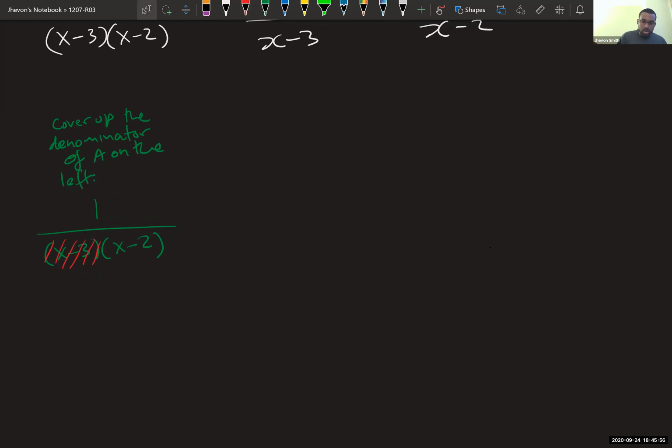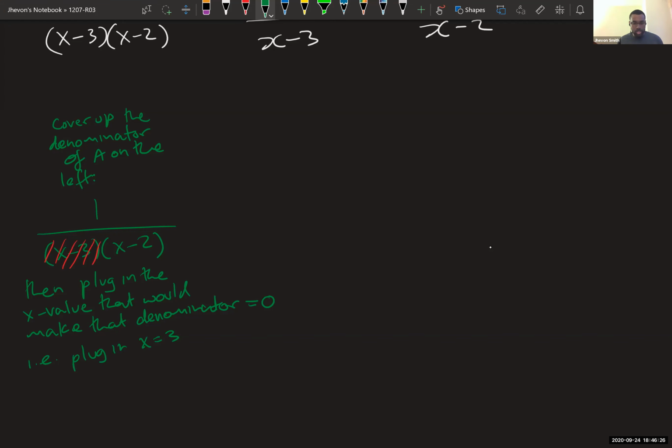Then what you're going to do is you're going to plug in the value that would make that denominator 0, i.e., plug in x equals 3, because then that would make x minus 3 equals 0.